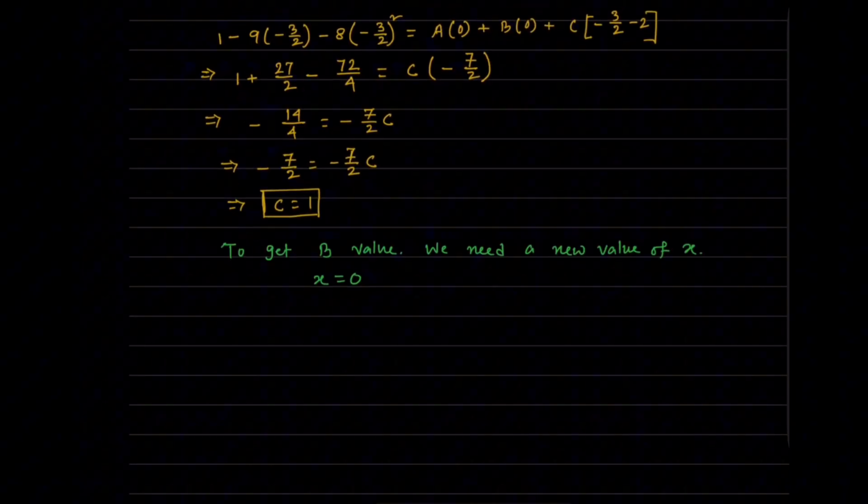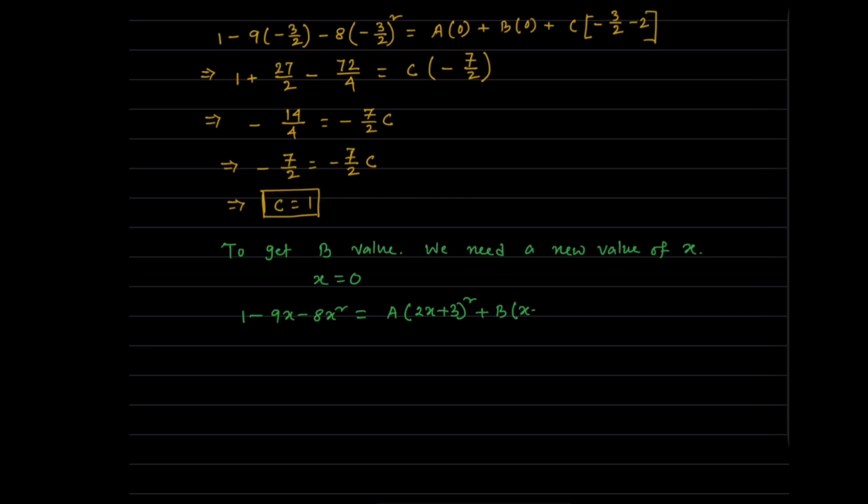So our main equation was 1 minus 9x minus 8x square equals a into (2x plus 3) square plus b into (x minus 2) into (2x plus 3) plus c into (x minus 2).